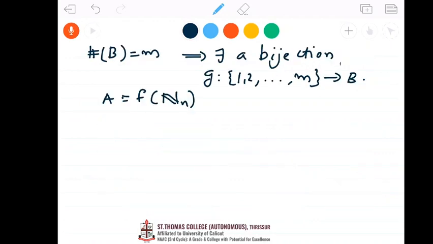So A can be written as f of the set 1 to n. That means A can be written as f of 1, f of 2, etc., f of n.